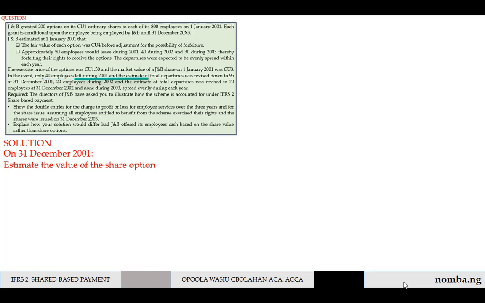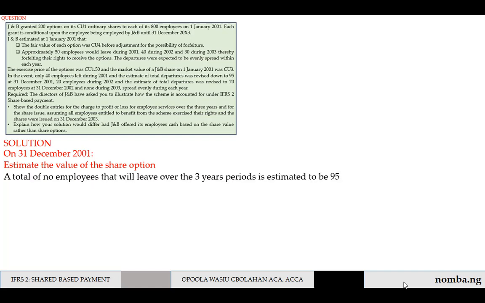Because of that, they made a new estimate at the end of that period, which is what is relevant to us here, that the total departure should be revised down to 95 at 31st December 2001. So that is what is important: the estimate they made at the end of 2001. Therefore, the total number of employees that would leave over the 3 year period is estimated to be 95.